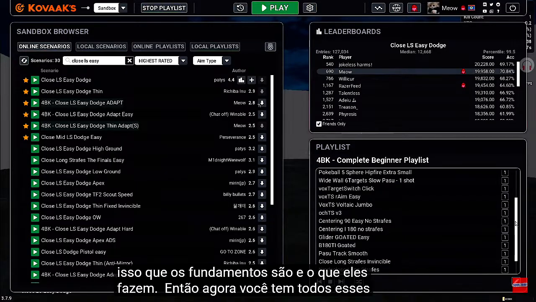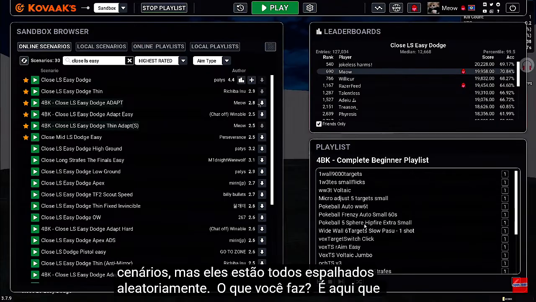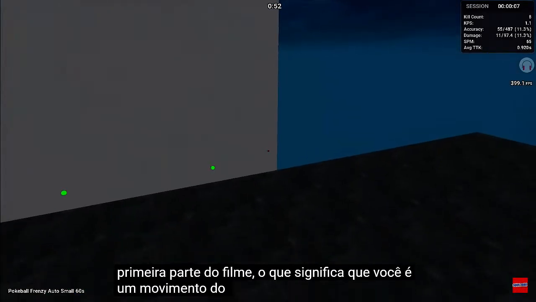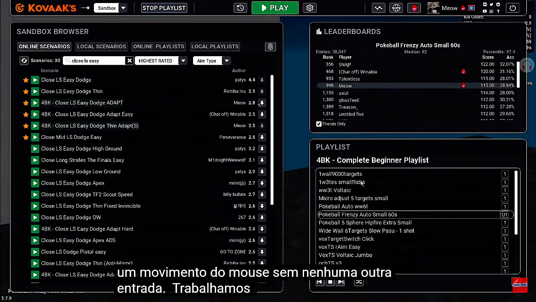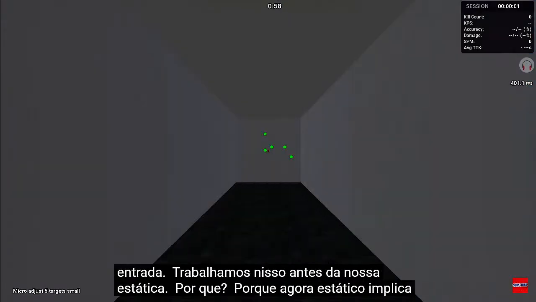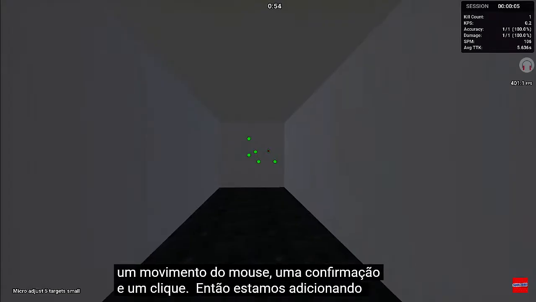So now you got all these scenarios, but they're all scattered randomly. What do you do? This is where structure comes into play. This is the first part of the flick, meaning your mouse movement without any other input. We work on this before our static. Why? Because static implies a movement of the mouse, a confirmation, and a click. So we're adding an extra input.